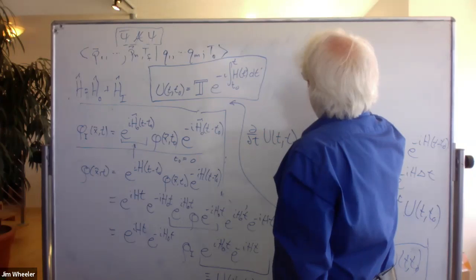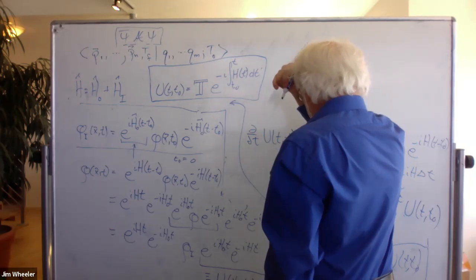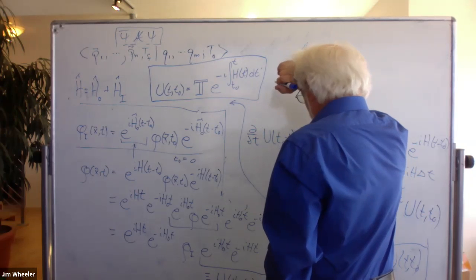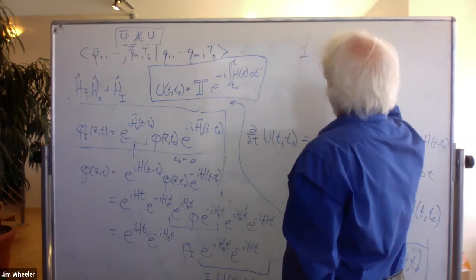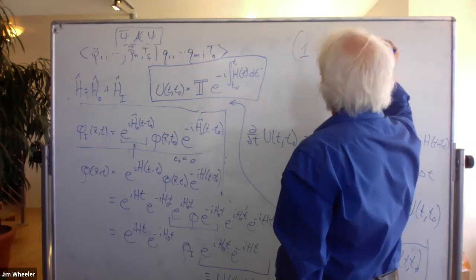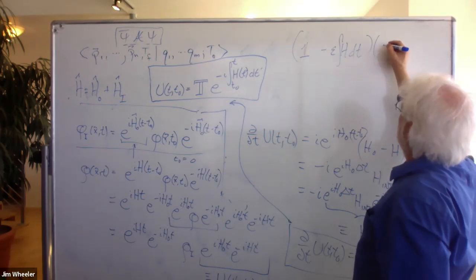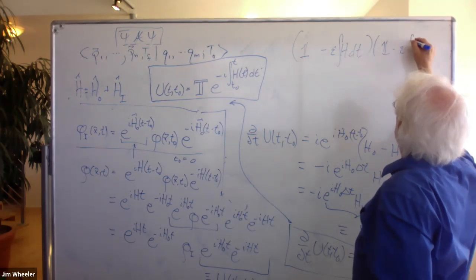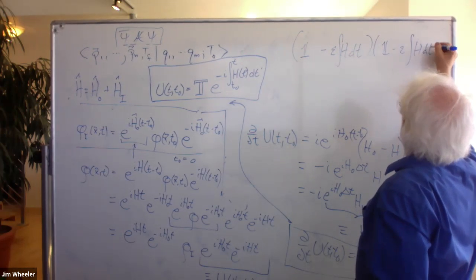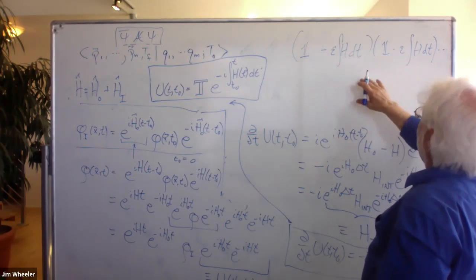So what you do, in your expansion, let me think. We're taking a product of a bunch of infinitesimal H dTs, right? So when we're trying to get from the infinitesimal expansion to the full thing, we've got a bunch of things like this. And if you just look at two of these, the first two are fine.